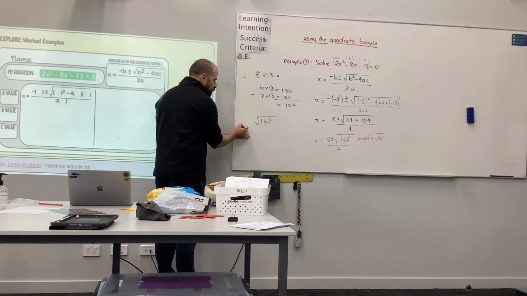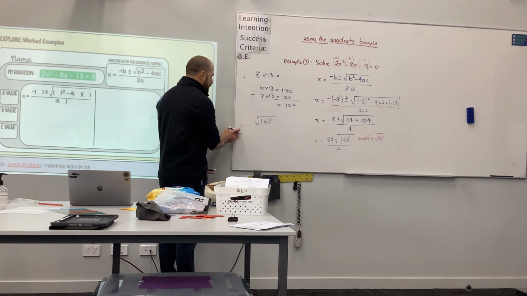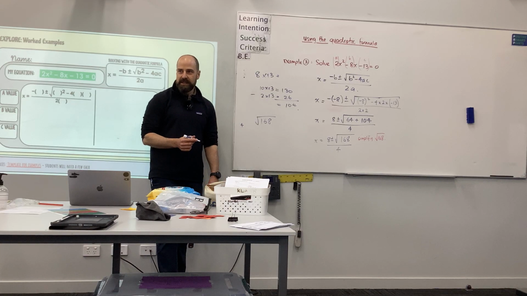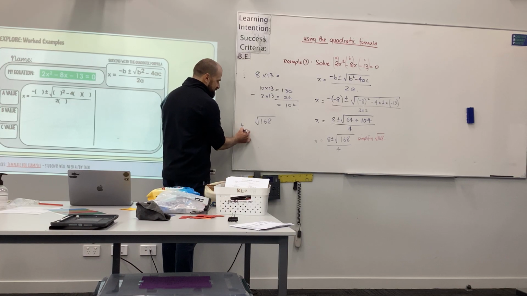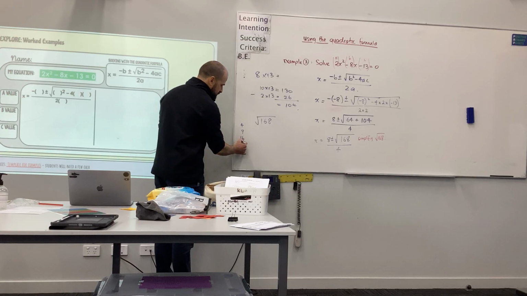Square numbers. 1's a square number. There's no point using 1. What's the next one? 4's a square number. Then we have 9, 16, 25?